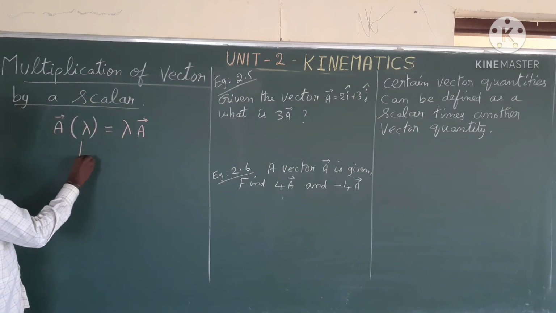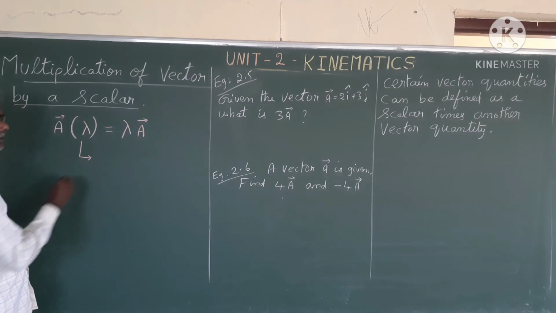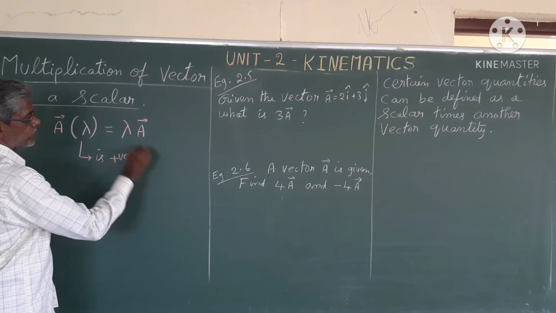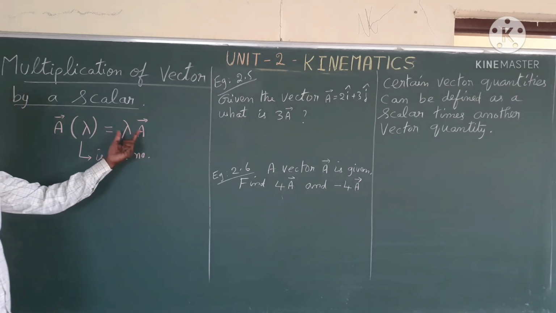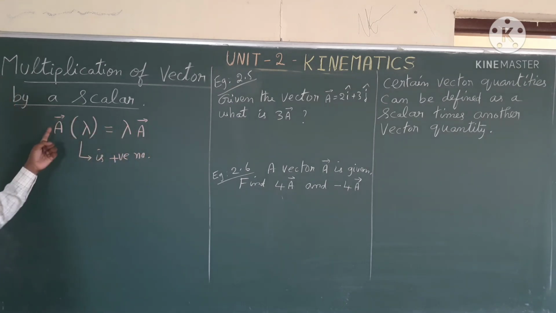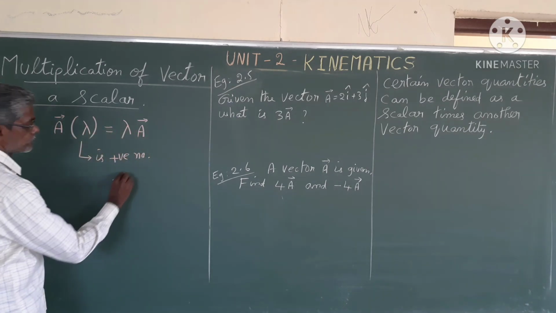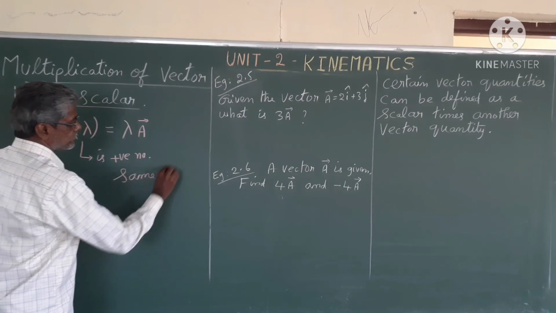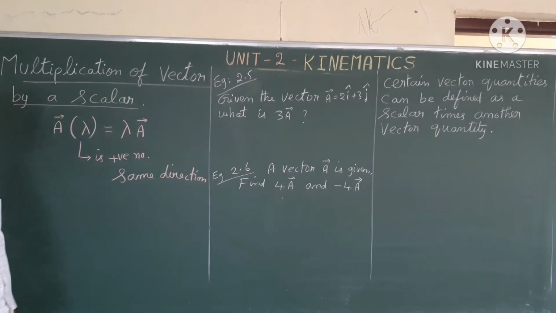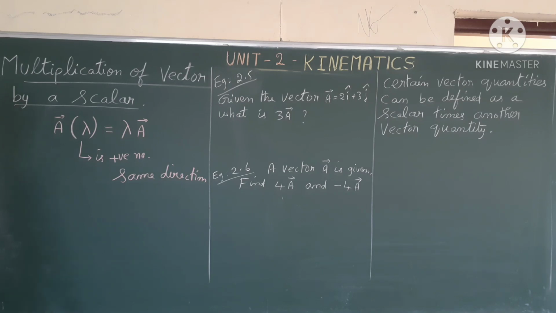Suppose lambda is a positive number, then lambda a vector is also in the same direction as a vector.